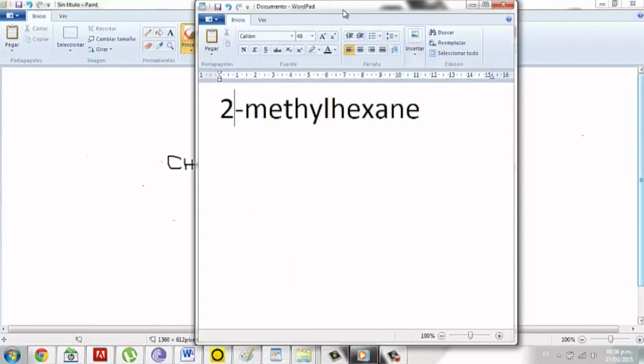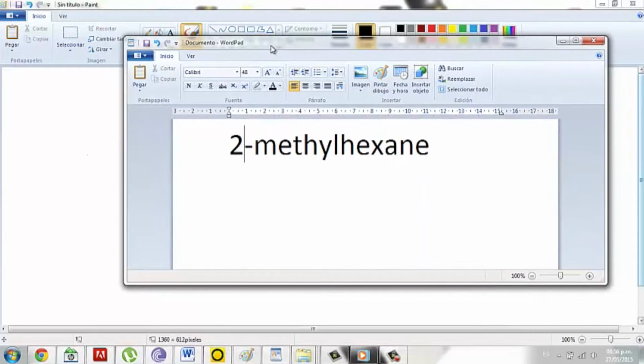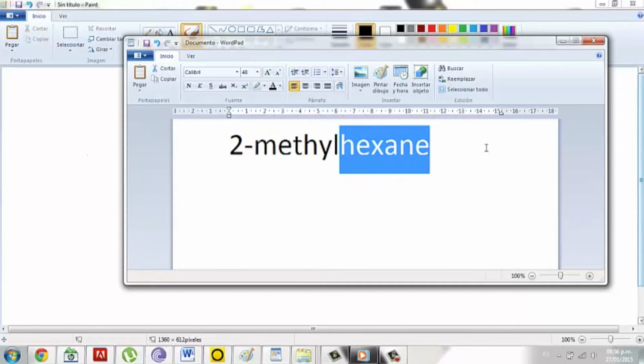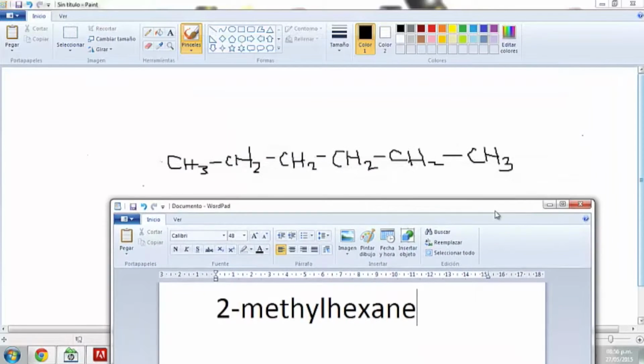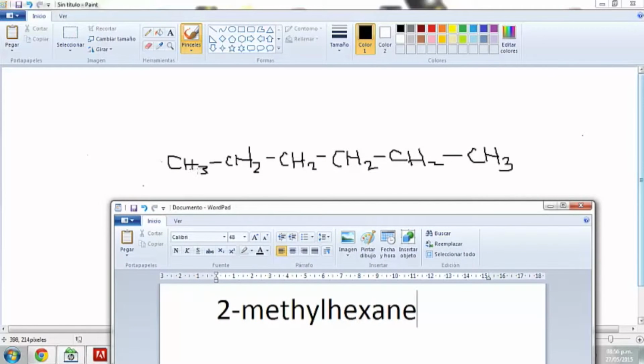To draw the structural formulas, we first read the name that we're given, which is 2-methylhexane. By hexane, we know that it has 6 carbons on the main chain, so we draw the 6 carbons.